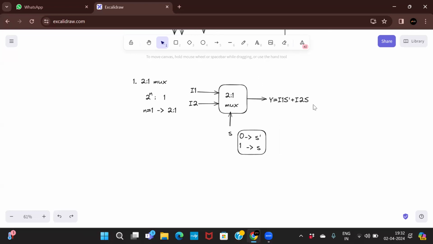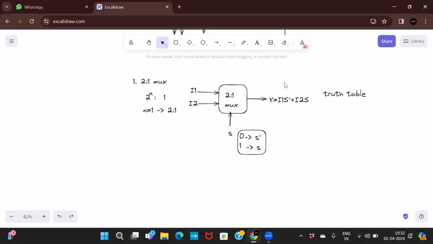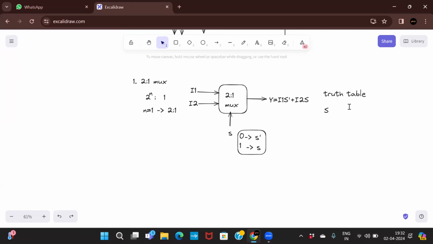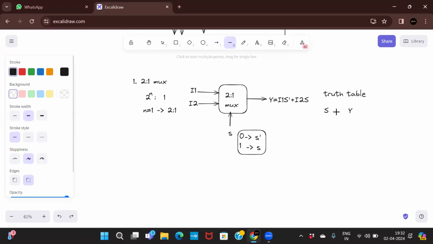So based on the expression that we got for the output, we need to make a circuit. So I'm just writing the table. It's very simple.